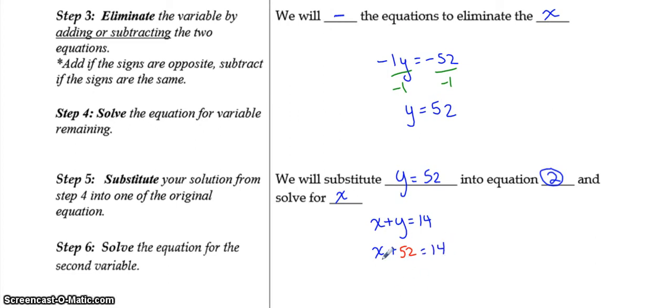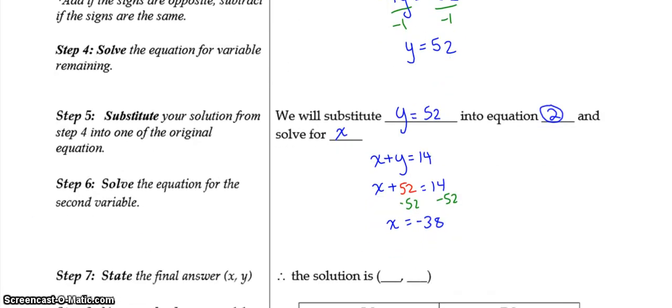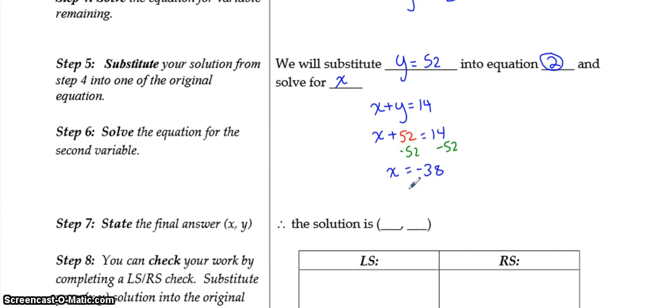And then if you subtract 52 from both sides, you get x equals negative 38. So that's your x value. So your solution is x is negative 38 and y is 52.